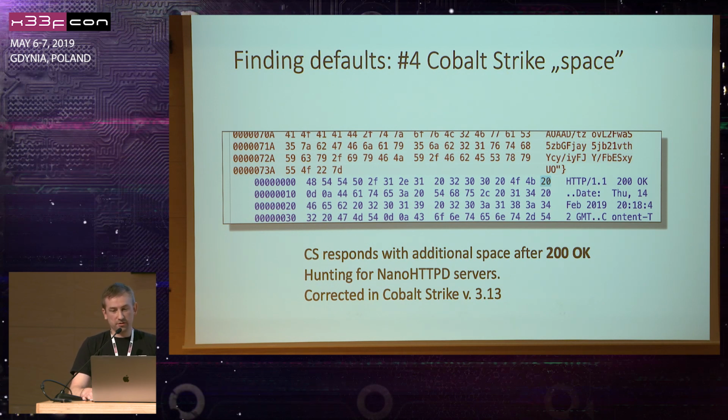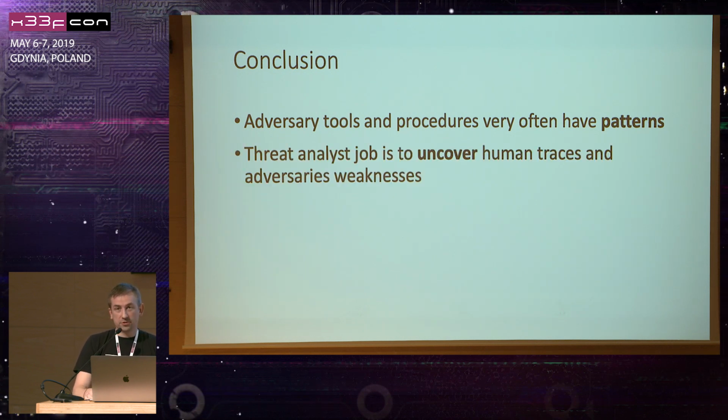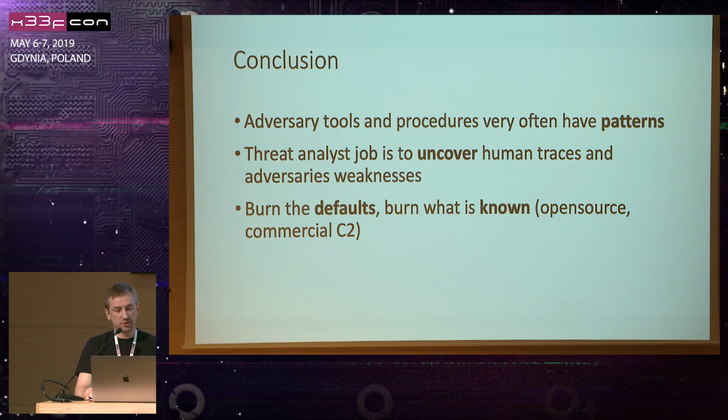So, going to the conclusion, adversaries' tools and procedures often have patterns. Our job as threat analysts is to uncover those human factors, those human traces, and also sometimes adversaries' weaknesses, to connect them and understand what their limitations are. And for sure, we should burn the defaults if we are aware that our adversary is using Cobalt Strike, PowerShell Empire, or any other framework or custom tool that we analyzed.